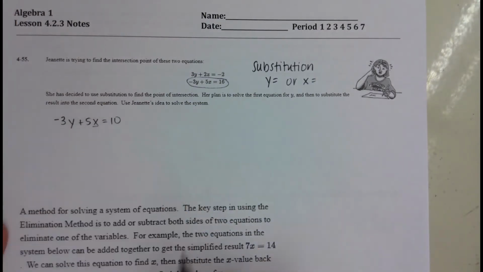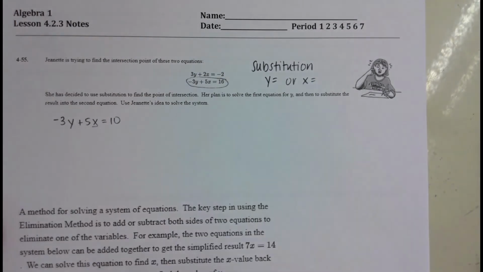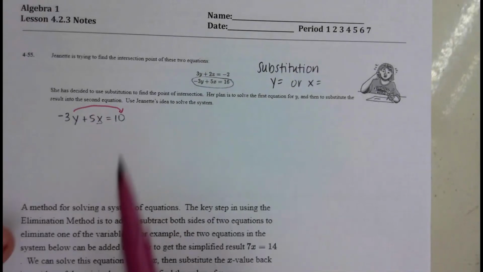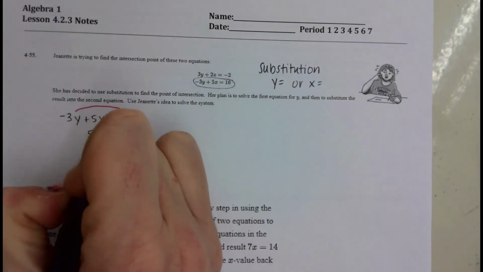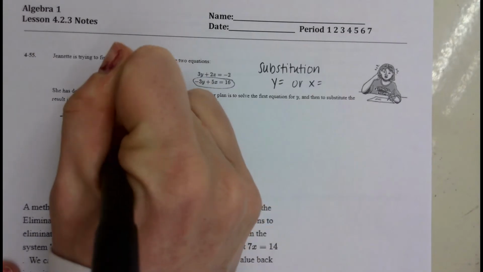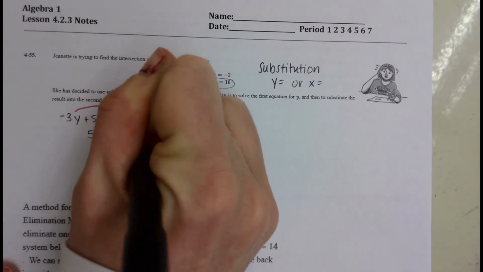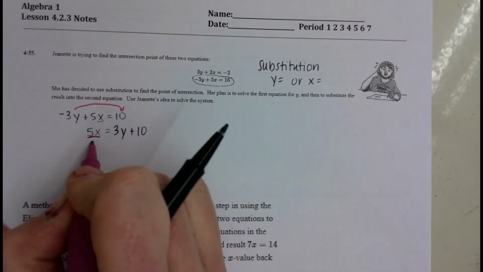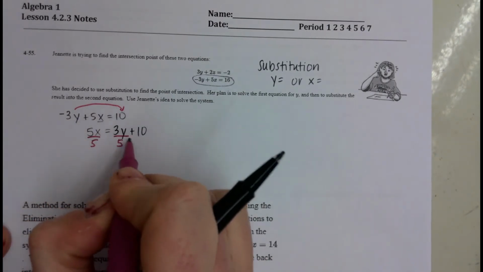To move the 3y over to the other side, remember if it's negative on the left, then when I move it over, it's going to become positive because I have to add it. 5x equals 3y plus 10. And then I could divide by 5, but you have to divide all of these things by 5.